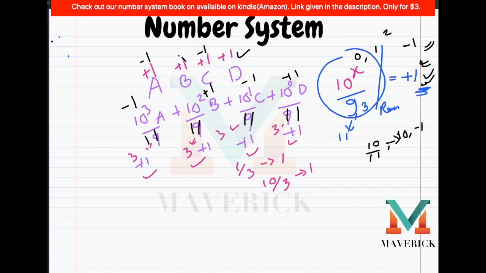You take all plus 1s together, take all minus 1s together and take the difference. B and D you will take together because they are with plus signs, so I'll write it as B plus D. Now take these two together, A and C, minus of A plus C. That's the rule.